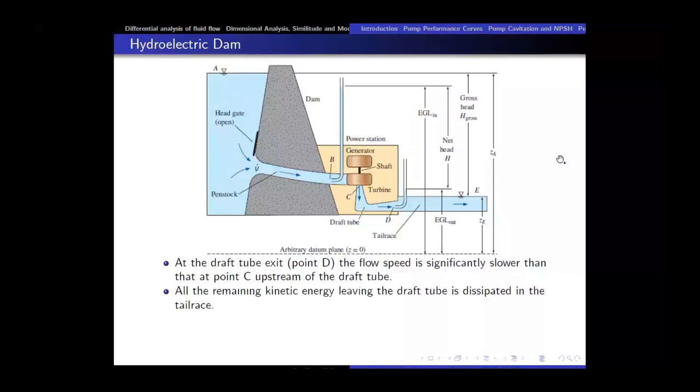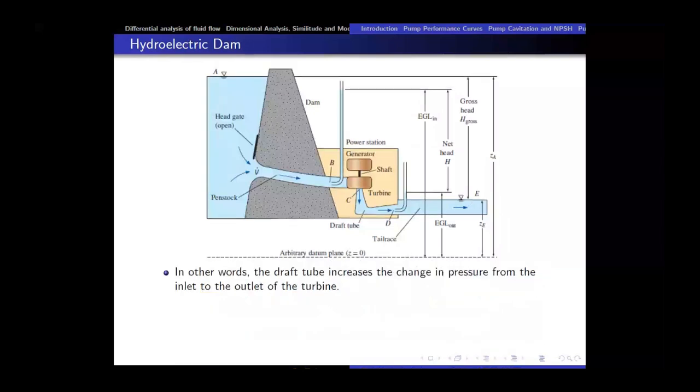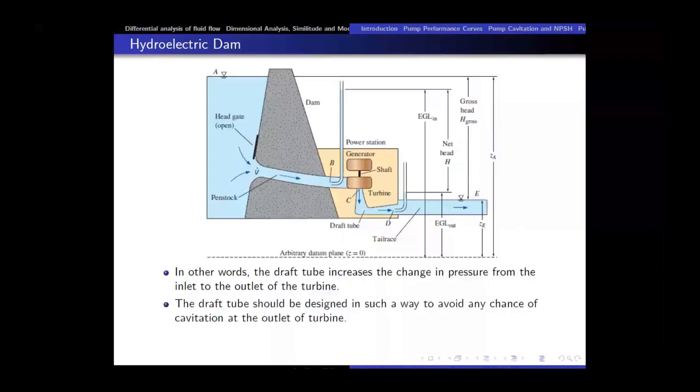This represents an irreversible head loss and is the reason why EGL out is greater than this ZE, because of this irreversible loss. Okay, so this was the function of this hydraulic dam. Basically, usually we use Francis turbines here, right? So as it was, yes.